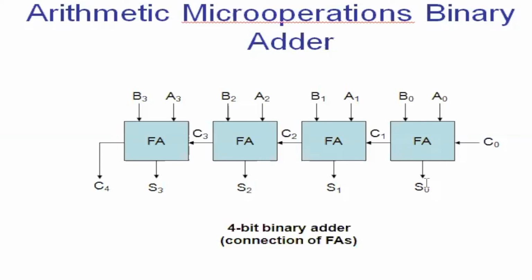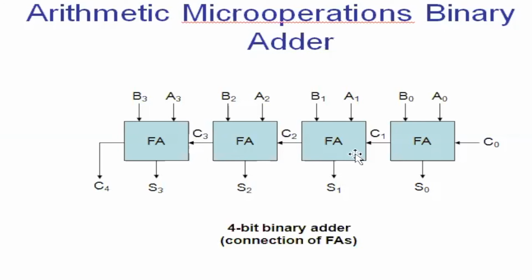This is a 4-bit ALU, right? But what should be the number of stages here? The number of stages must be equal to 4, because our word size is equal to 16. So I need to have 4 different stages, which can add 4 digits at a time. 4 plus 4 plus 4 plus 4 is equal to 16.